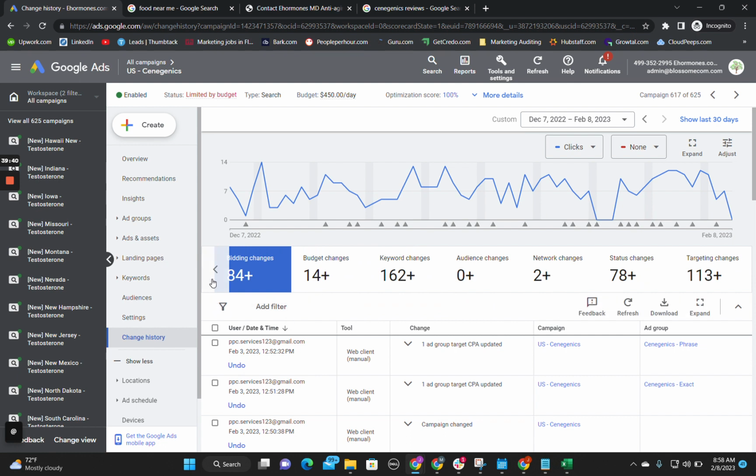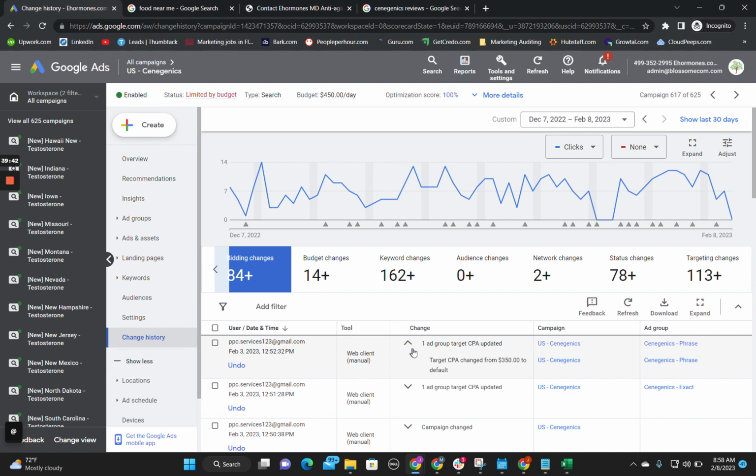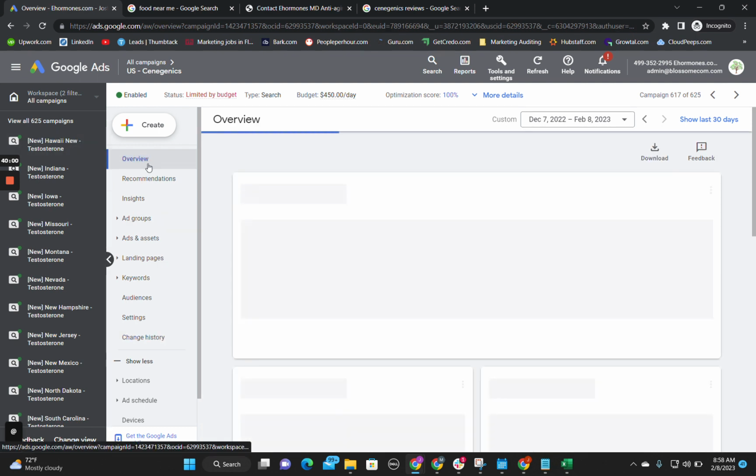So anyways, what are we looking for in bidding changes? Change from CPA to default. So this could be a bidding change. This could be a large change. The answer is that we really don't know. So I go through all the work in saying this because if it does have a major change and we see a drop in impressions, we're going to come back here.